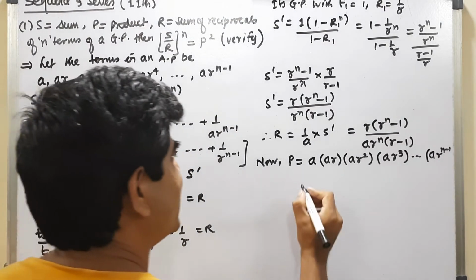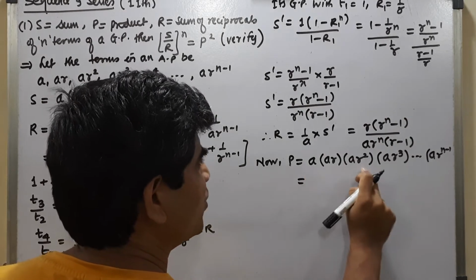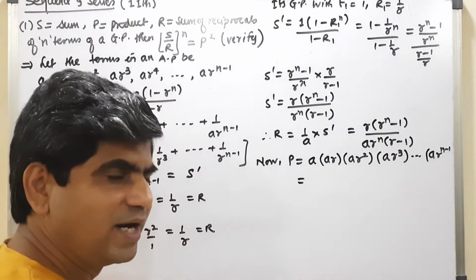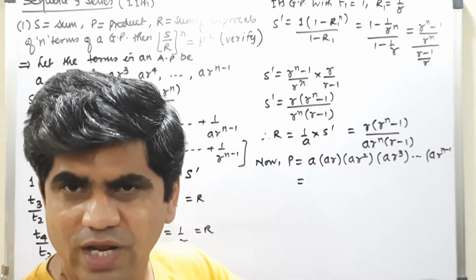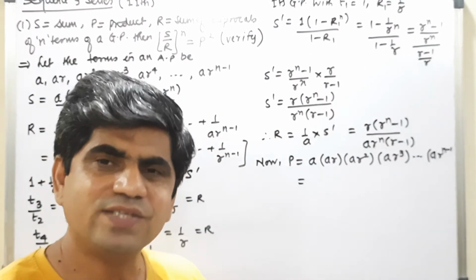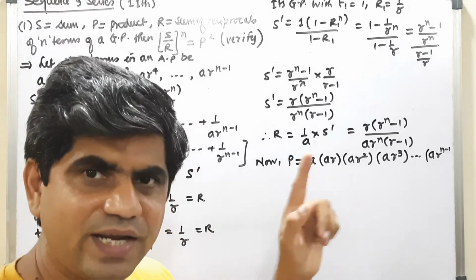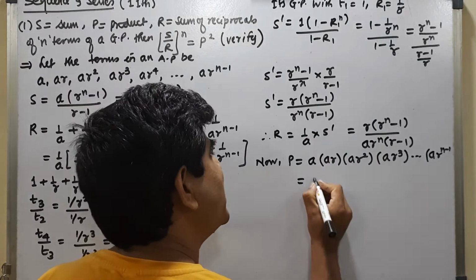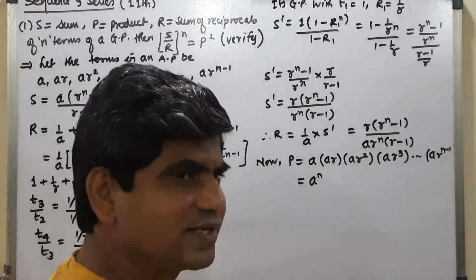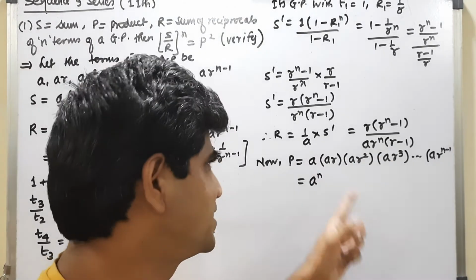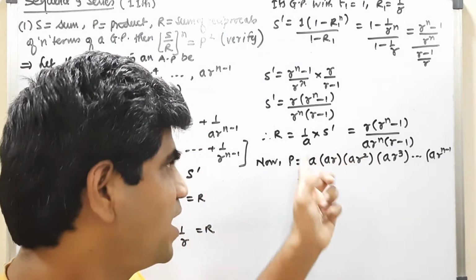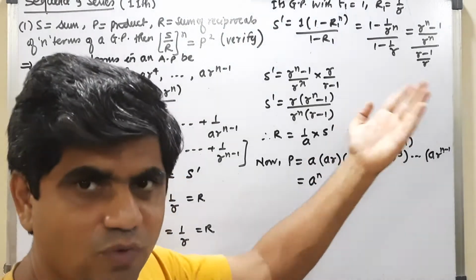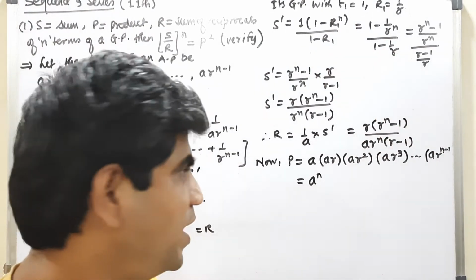So what I get is a into a into a into a, n number of times. By the index rule, it will become a raised to 1 plus 1 plus 1 plus 1 up to n times. So it will become a raised to n. You calculate and see, but anyway you know the common sense. A into a is a square, a into a into a is a cube, so it will become a raised to n.